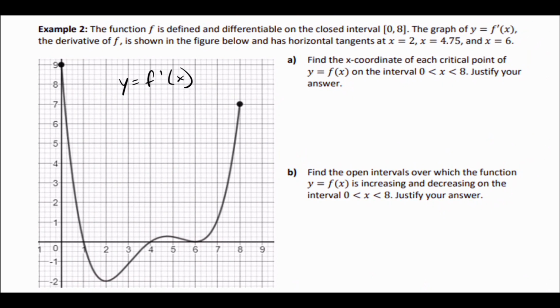So this is a graph of f prime. What does that mean? It's a graph of what? Derivatives of f. So what are derivatives? What's another word for derivatives? Slopes, right? This is a graph of all of the slopes of the original.